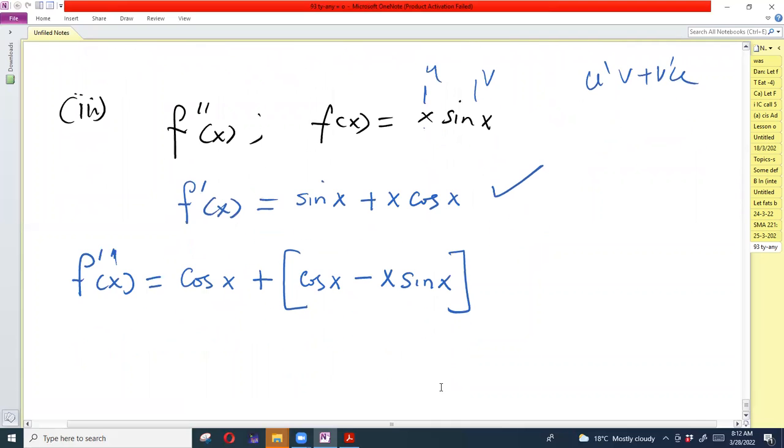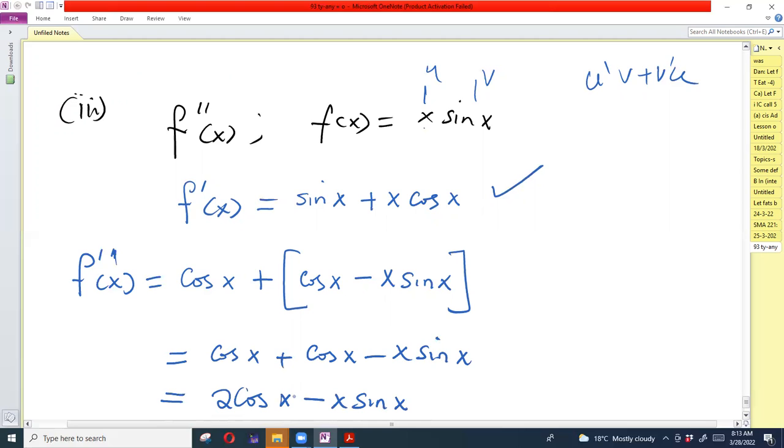So when you work this out, you'll get cos of x plus cos of x minus x sine of x. So which is the same as 2 cos of x minus x sine of x. So this is the second derivative of the function f of x. Thank you.